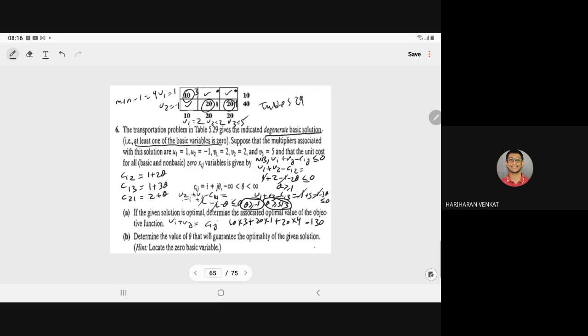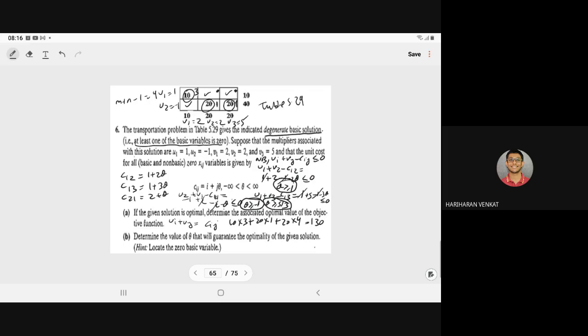So theta must be greater than or equal to minus 1, theta must be greater than or equal to 5 by 3, and theta must be greater than or equal to 1.